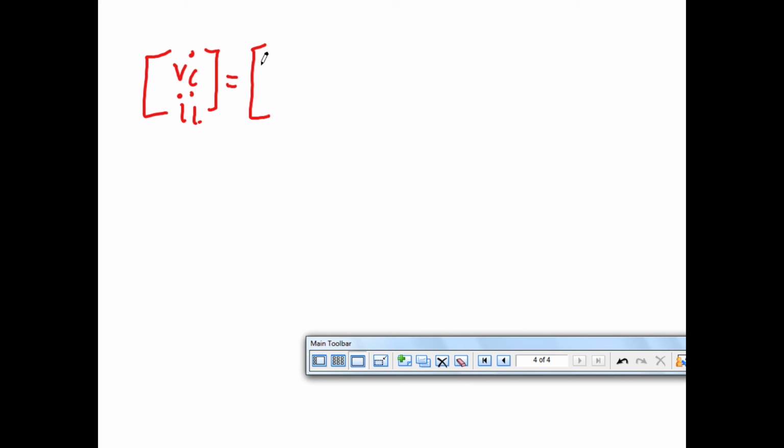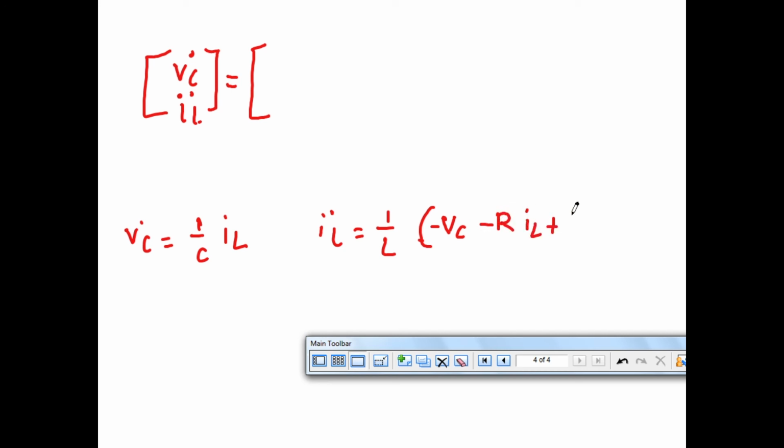Our equation was Vc dot is equal to 1 upon C into IL, and the other equation was IL dot is equal to 1 upon L into the bracket minus Vc minus R into IL plus Vi. I am just writing these two equations in matrix form. So Vc dot is equal to 1 upon C into IL.